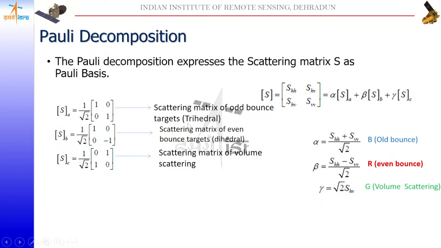If we have 1 bounce, 3 bounce or 5 bounce, they will have the same characteristics, that is an odd bounce. It can be a trihedral, or any surface with 5 planes that has the same property. Dihedral means a double bounce target.